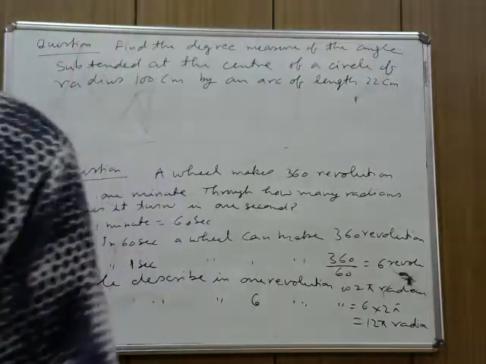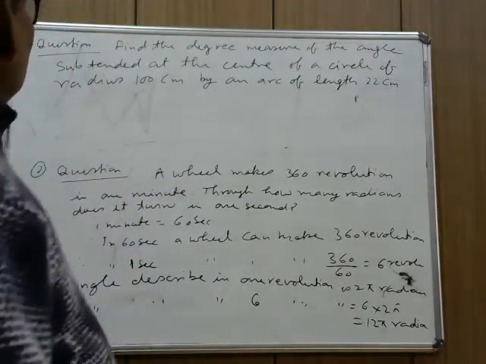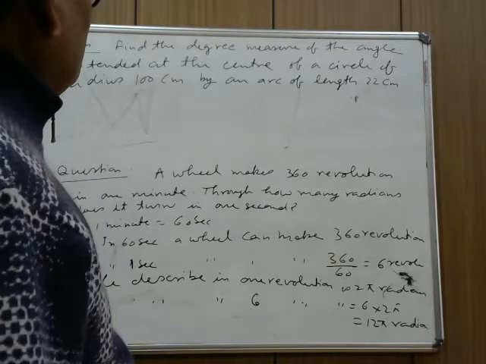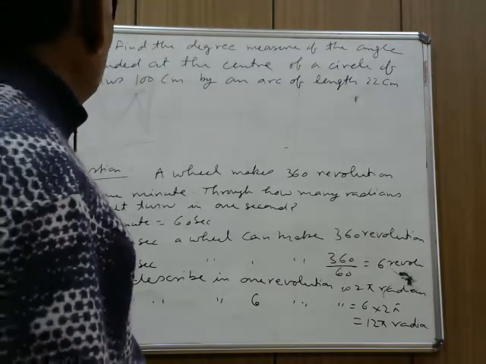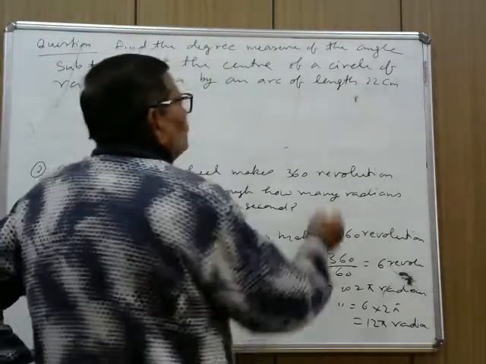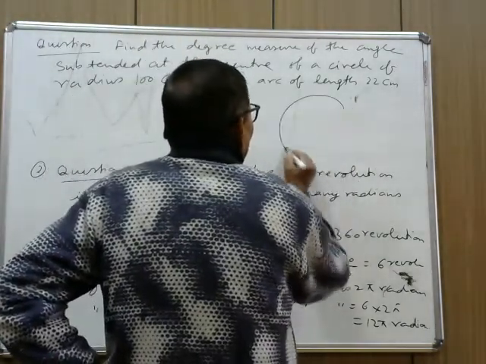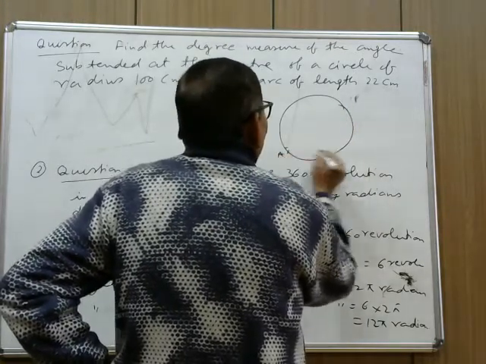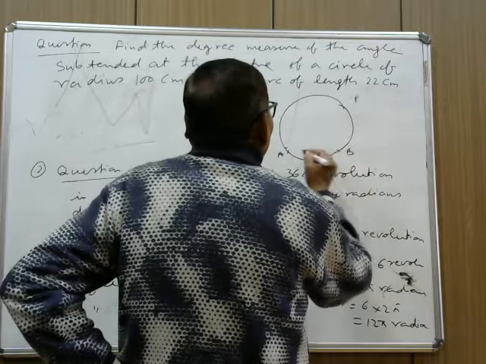So now you see that in this question, find the degree measure of the angle subtended at the center of a circle of radius 100 centimeter by an arc of length 22 centimeter. This is the circle. I have taken 2 points A and B on its circumference.